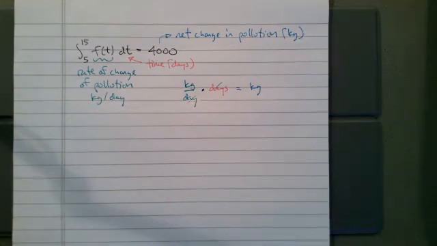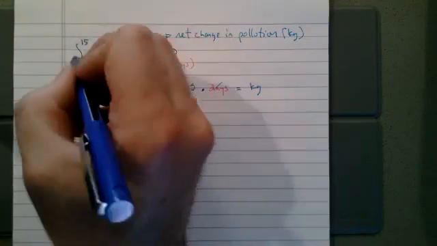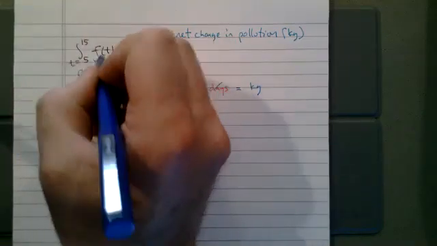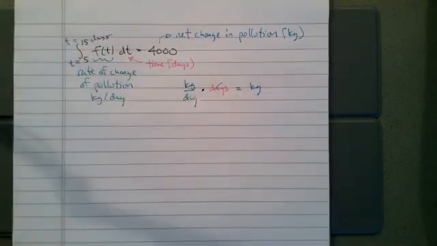The other piece of information that's running around in this definite integral is the interval over which we are integrating. So this is the interval from 5 days to 15 days. This is t goes from 5 days to 15 days. So we need to cite that as well.